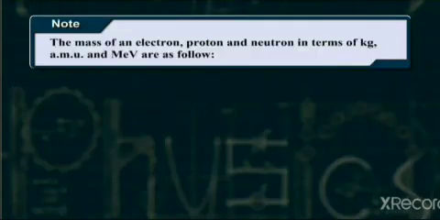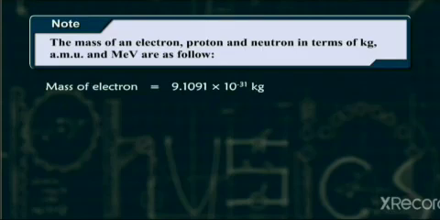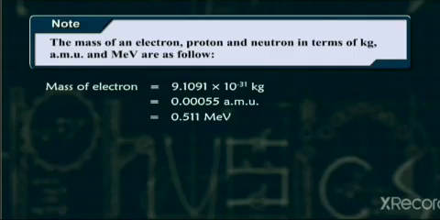Note: the mass of an electron, proton, and neutron in terms of kg, AMU, and mega electron volt are as follows. Mass of electron = 9.1091 × 10^-31 kg = 0.00055 AMU = 0.511 mega electron volt.